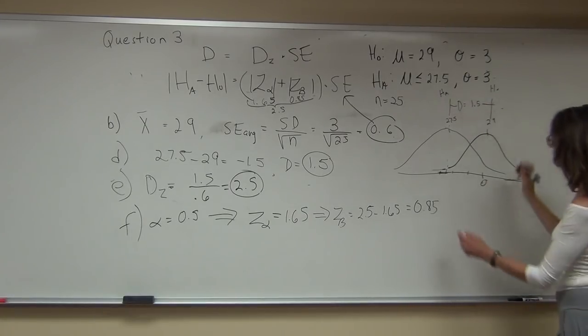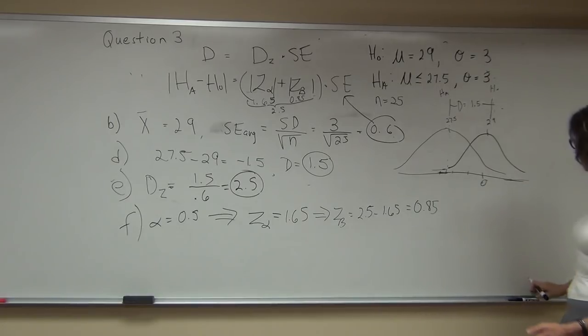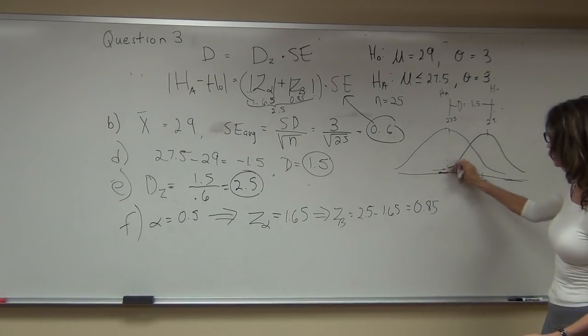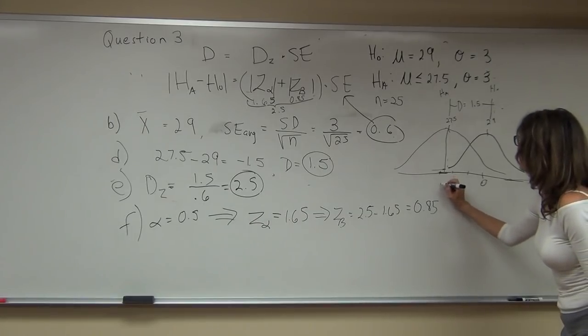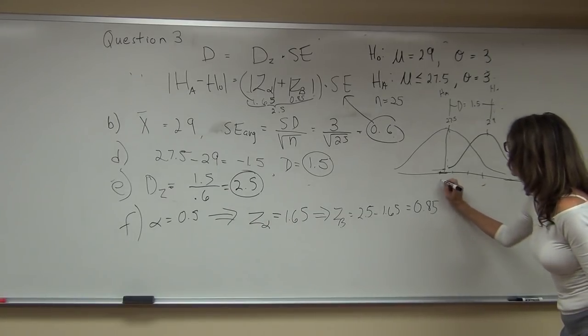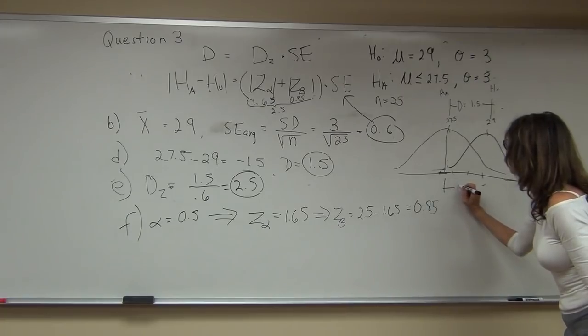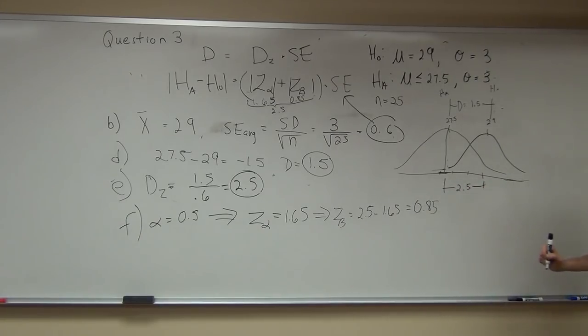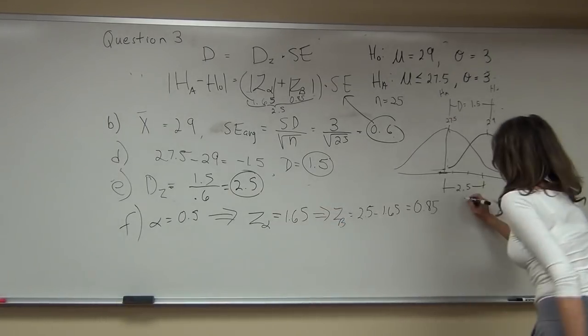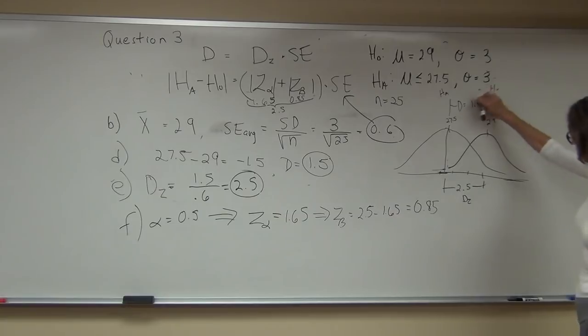That's what this is. And then we translated it into a z-score of, what did we translate into a z-score of? 2.5. Right? All right, so that's what we've done. There's dz, so that's dz, and that's d.